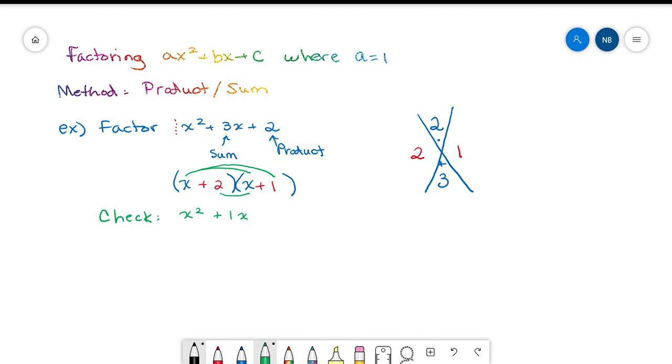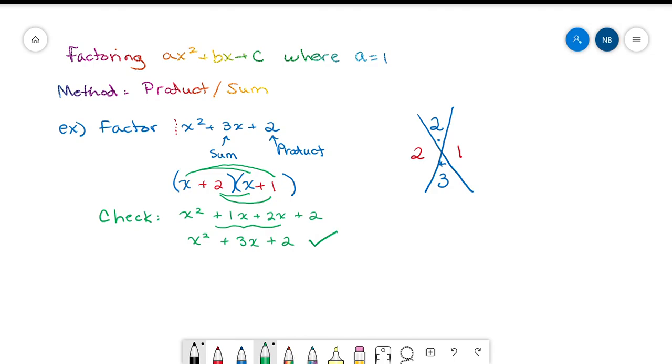Our inner multiplication is 2 times x. And our last multiplication is 2 times 1. Simplify by combining like terms in the middle. And you get x squared plus 3x plus 2, which is exactly what you started with, so you did it correctly. Very good.